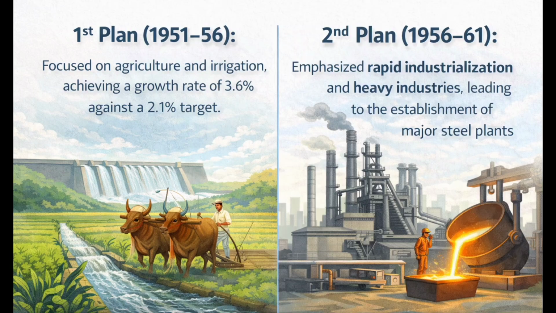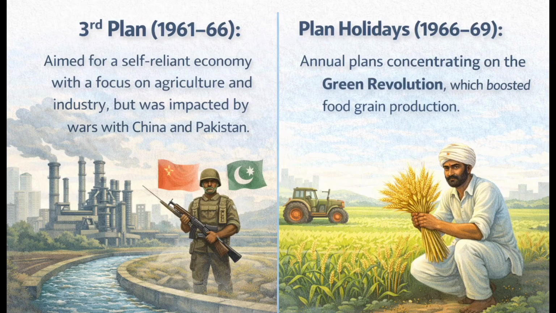Second plan, 1956 to 61, emphasized rapid industrialization and heavy industries, leading to the establishment of major steel plants. Third plan, 1961 to 66, aimed for a self-reliant economy with a focus on agriculture and industry, but was impacted by wars with China and Pakistan.